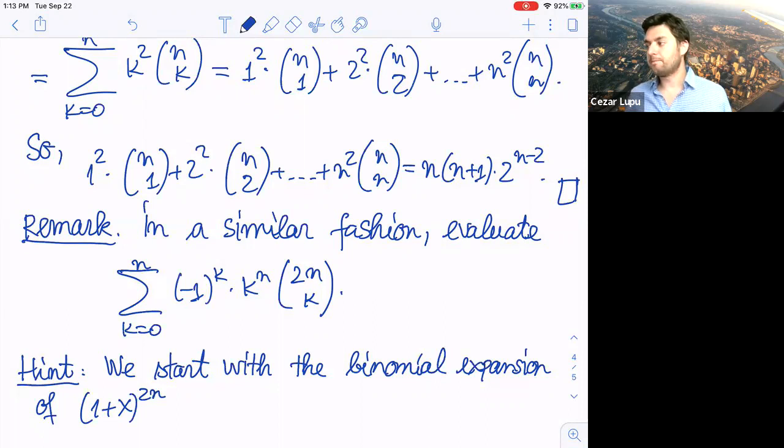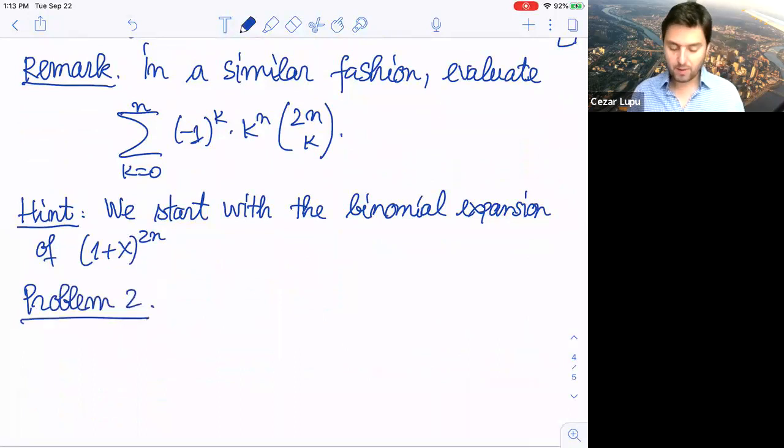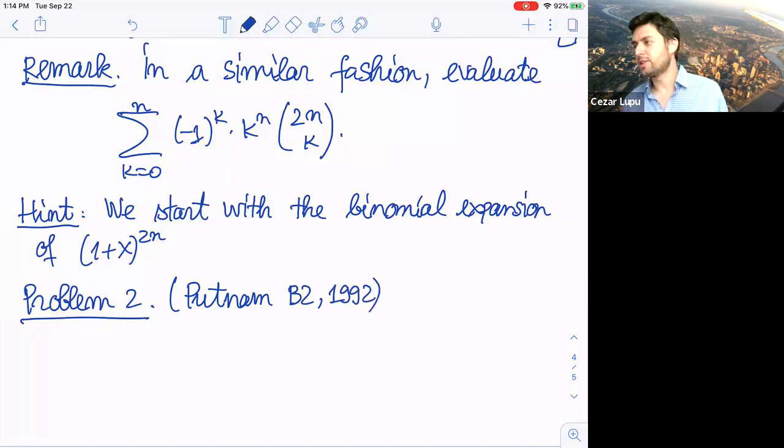And now I would like to do another problem. In fact, let me do another Putnam problem. So problem 2. I have a couple of them. This was Putnam B2 in 1992, something more recent, which says the following.